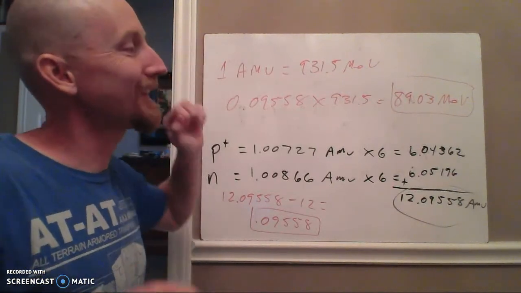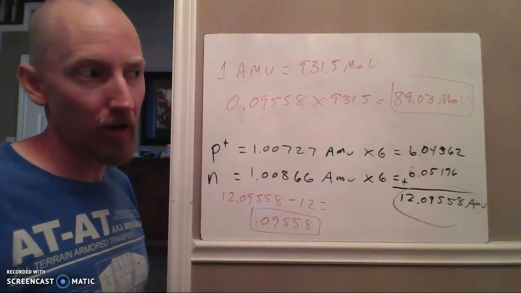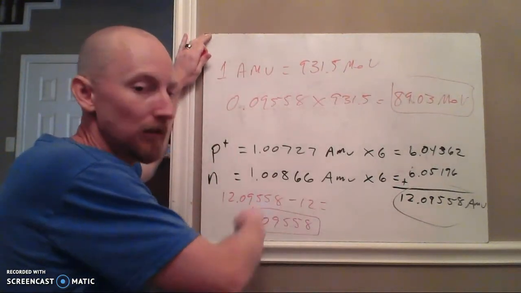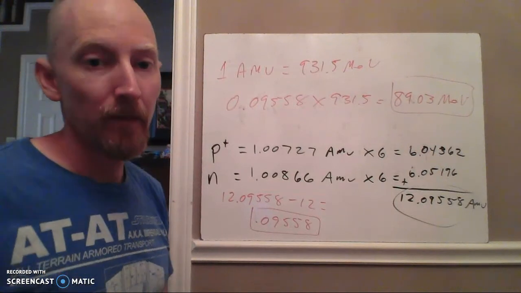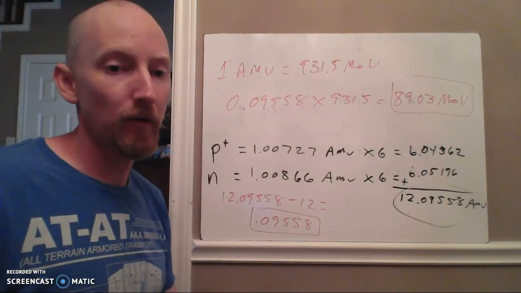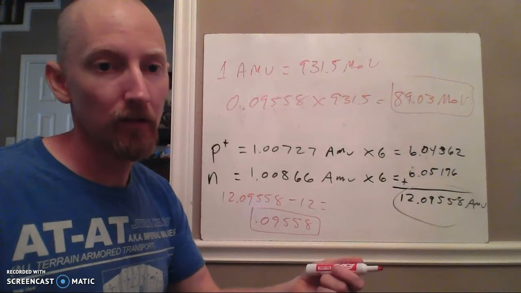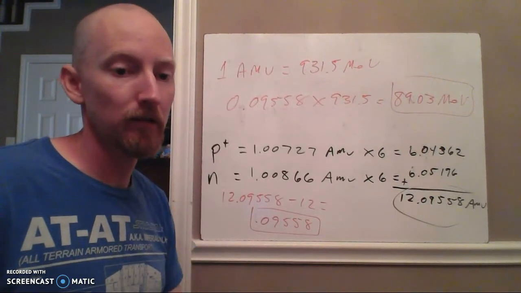So that is the energy. I apologize there. This is the mass that represents that amount of energy, right? And of course, E equals mc squared is the equation that discusses this.